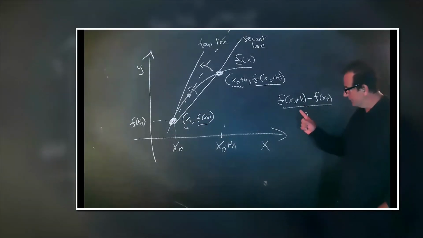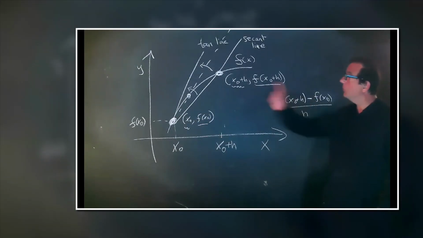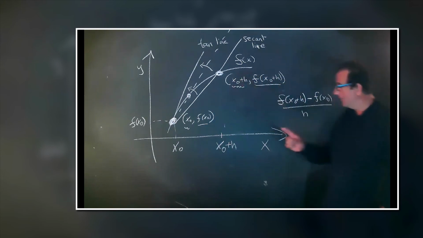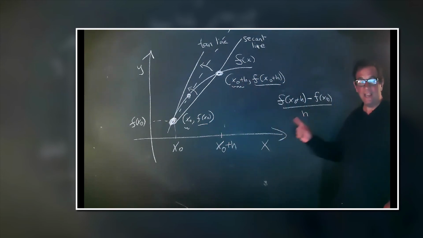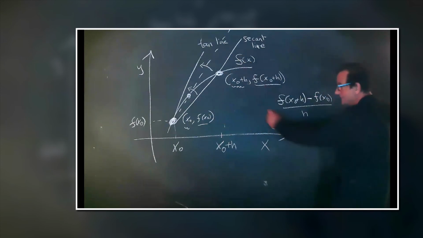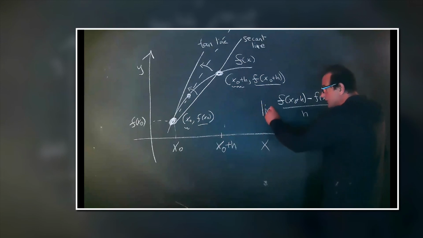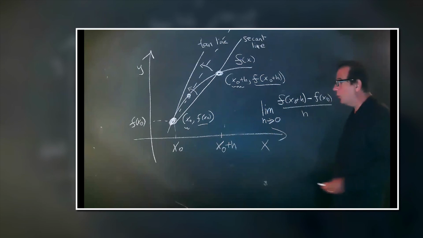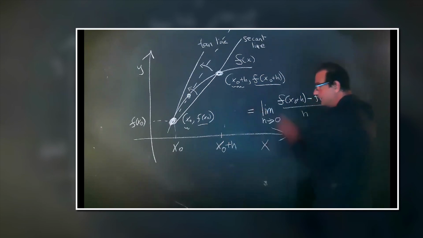Now, as I said before, we're going to move the secant line by taking the limit as h goes to 0. So this is the slope of the secant line, boom. And if I take the limit, which just makes h get smaller and smaller and smaller, we have the limit definition of the derivative, which we denote with a prime.